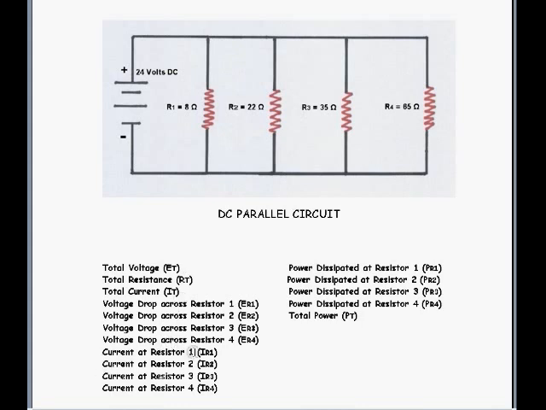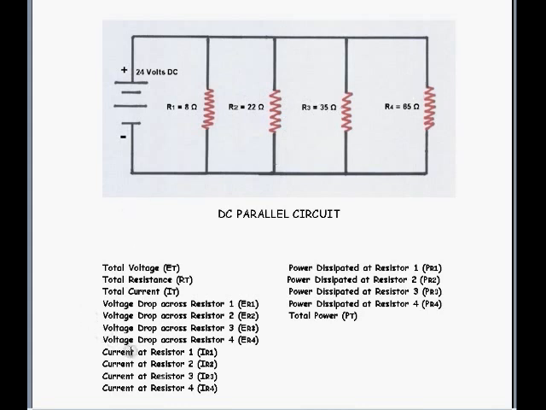Now to find the current at the resistor, again it would be Ohm's law. I is equal to E over R. So we could take the voltage 24 and divide it by the resistance 8 ohms to get 3 amps, and then 24 divided by 22, whatever that is, amps, and so on and so forth.